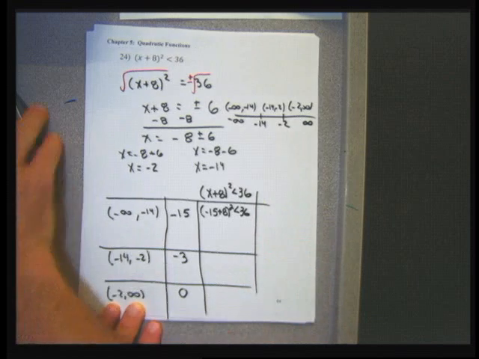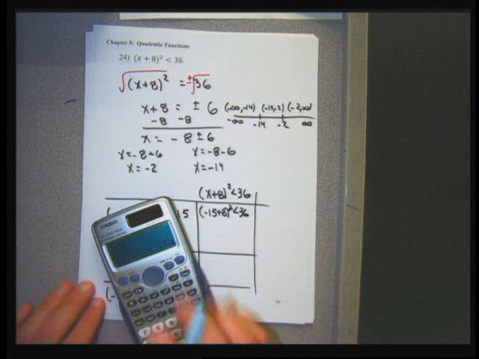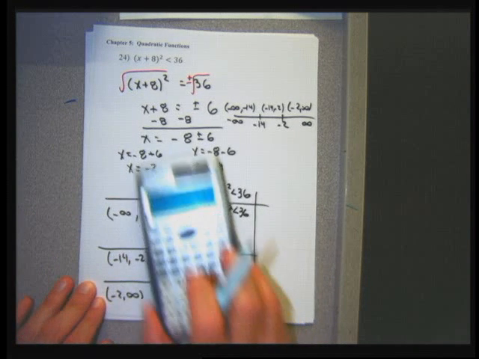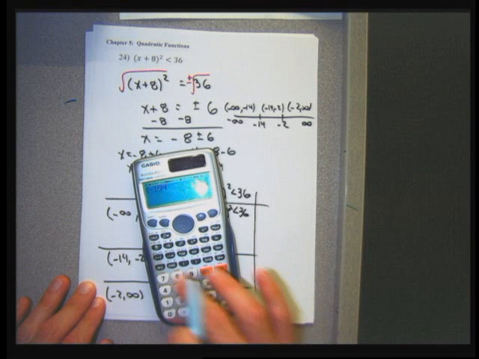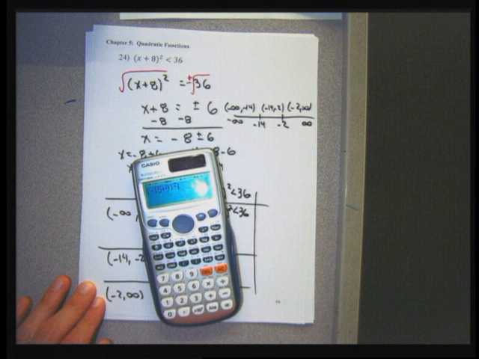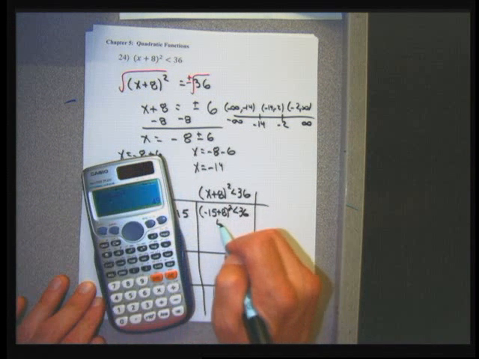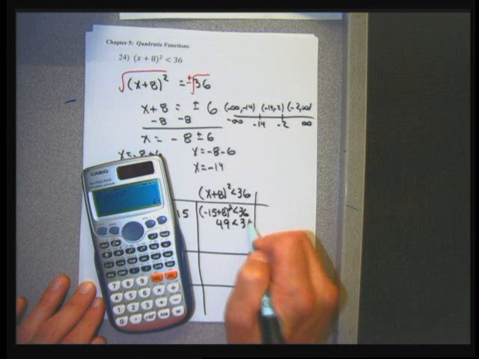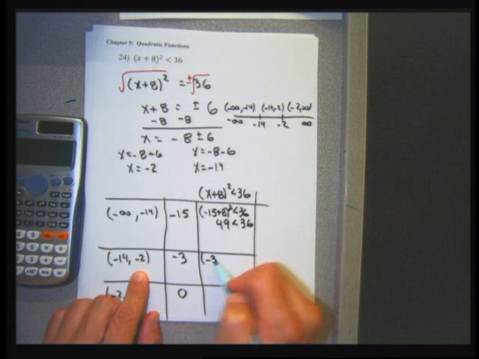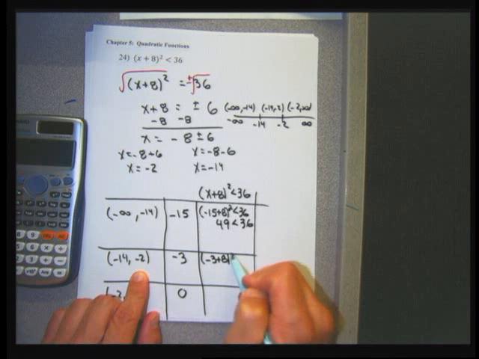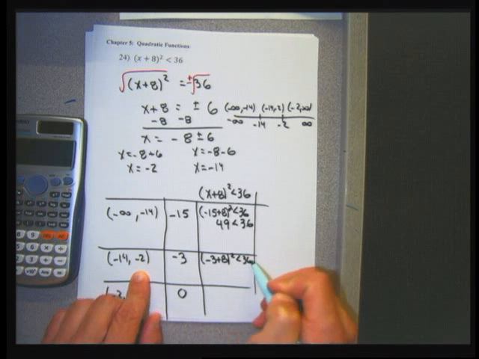Feel like my mind is starting to get spongy, so let me just do this on my calculator. So I'm going to go parentheses negative 15 plus 8 parentheses squared. Just enter the left side, and that gives me 49 is less than 36. And now for this one I'm going negative 3 plus 8 squared is less than 36. So again, cheat.